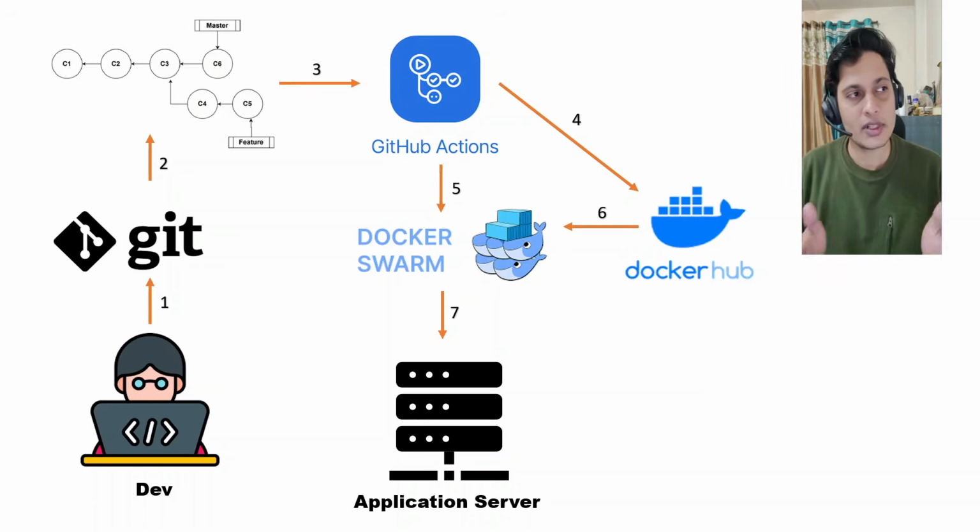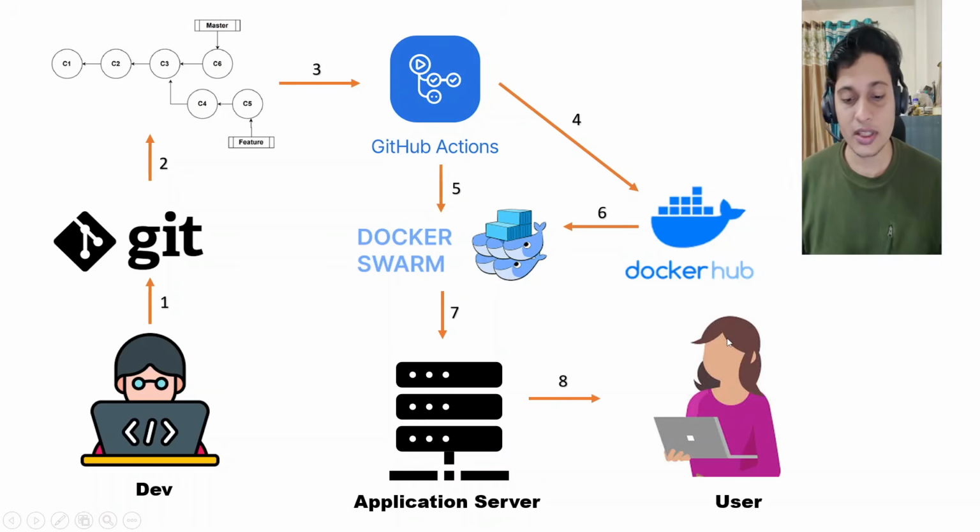This GitHub Action will watch what is happening at the left, and if I get the instruction from the left side that okay, my code is ready, now you can go, then I will take that code and do all the process to deploy it. I will do all the things automatically. No engineers need to do any single work in between. Now the application server has your latest feature with your application and the user can use it.